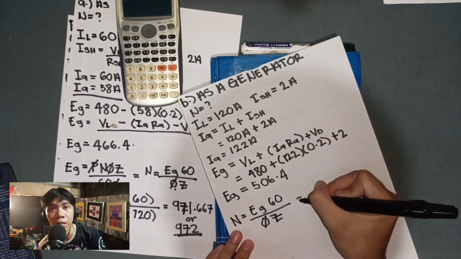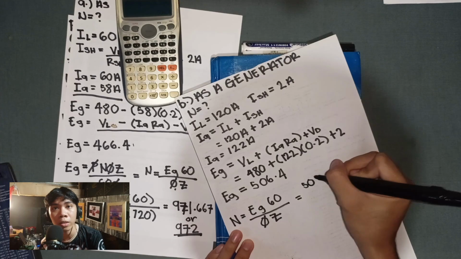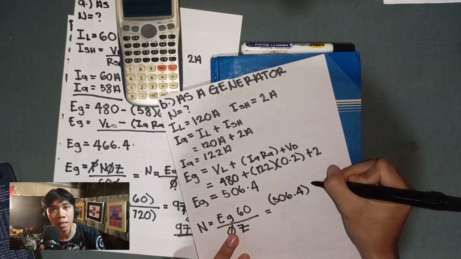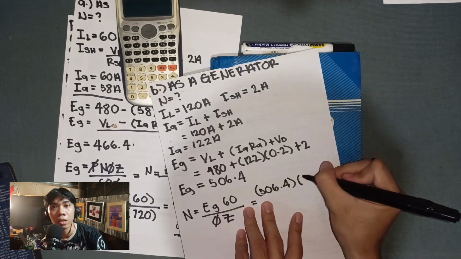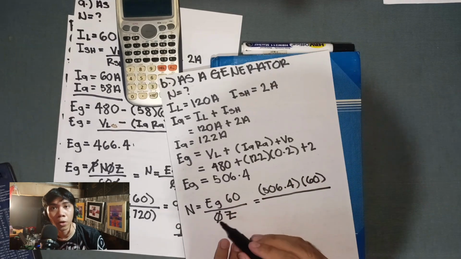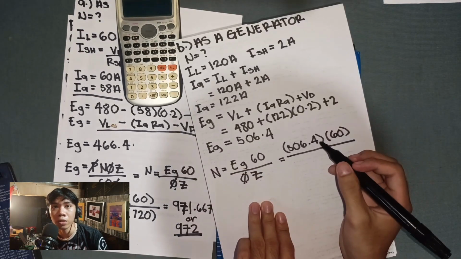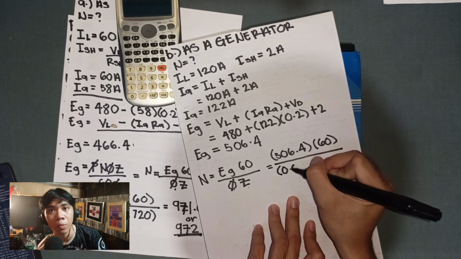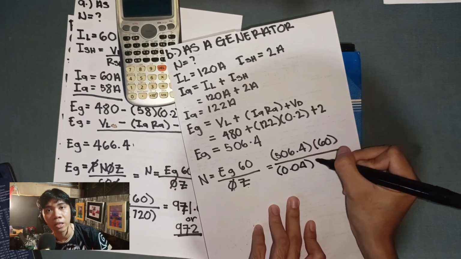So, meron tayong 506.4 multiplied by 60, times flux natin ay 0.04 Weber and 720.